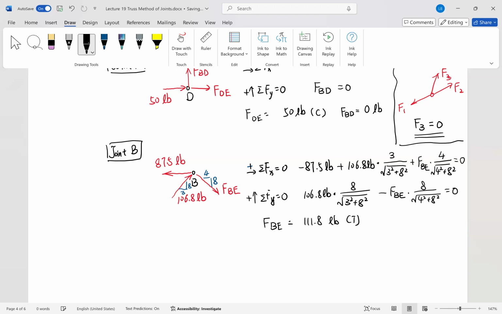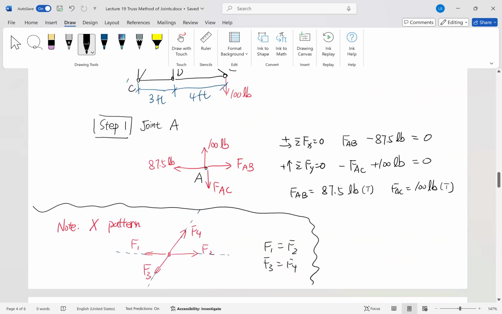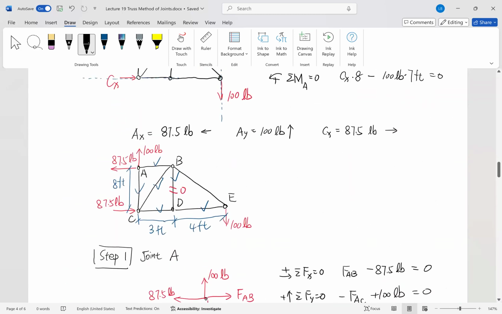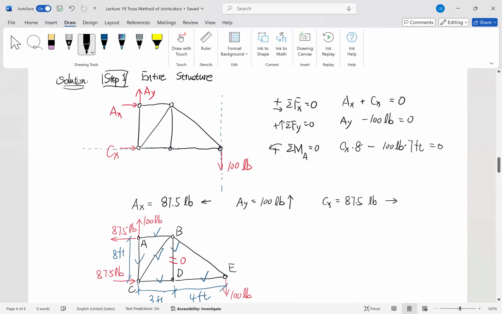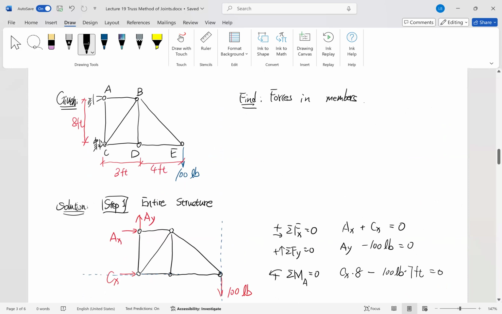So far, we've already solved all the member forces here. And this is a very typical process of the method of joints.